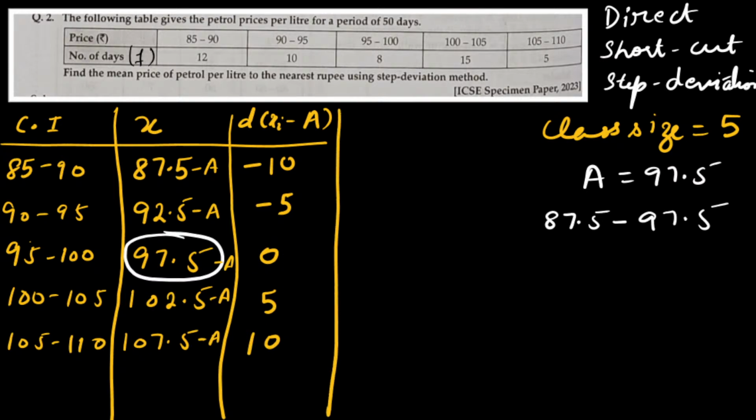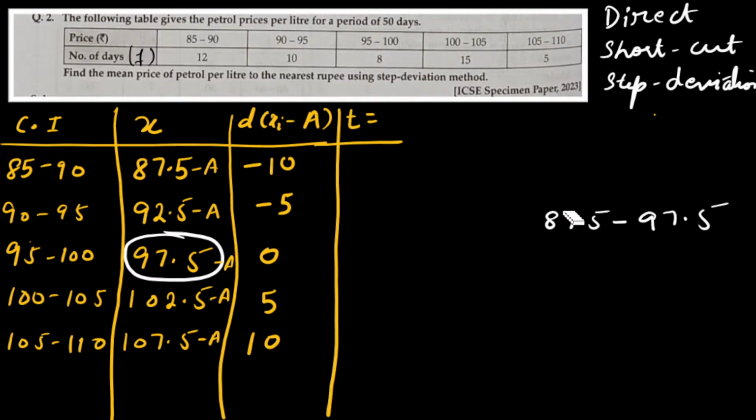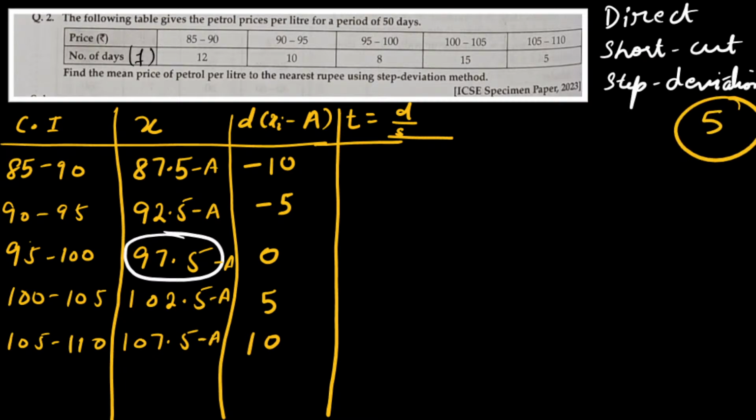Now after this, one more column, t, we will find. You can write it as t. That is deviation divided by class size. D we have found and class size we also know, so I am writing t as deviation divided by class size. Here the class size is 5. So minus 10 divided by 5 is equal to minus 2.